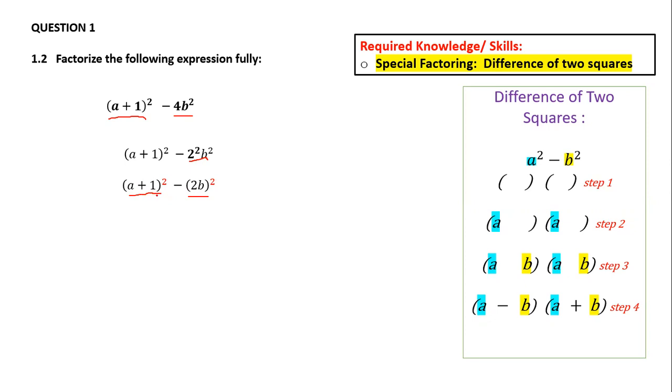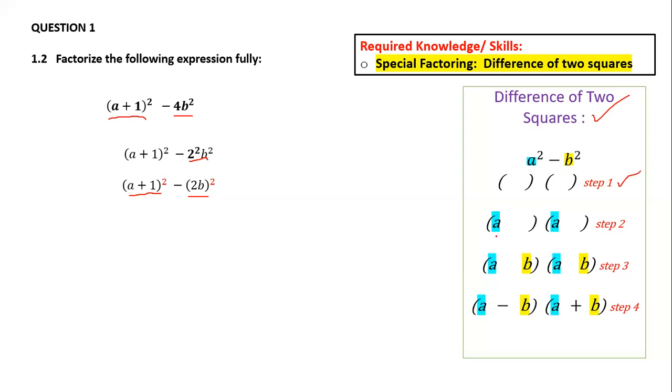The square of a term minus the square of another term. So we factorize by the difference of two squares, which says when you have a term squared minus another term squared, the first step, open two brackets.